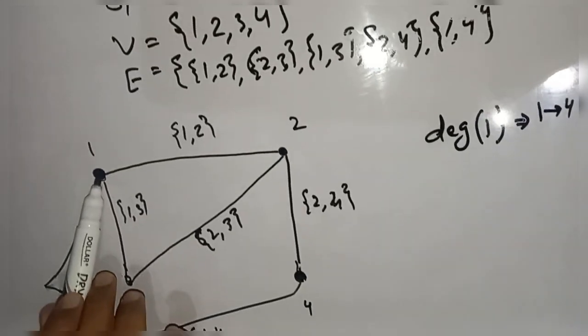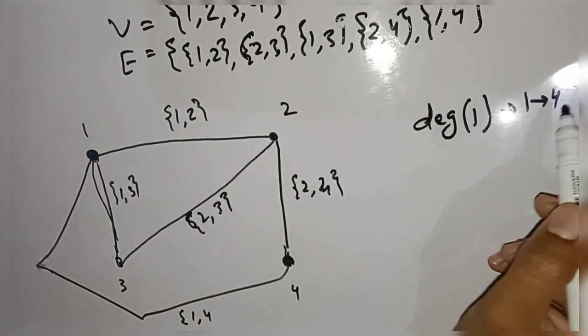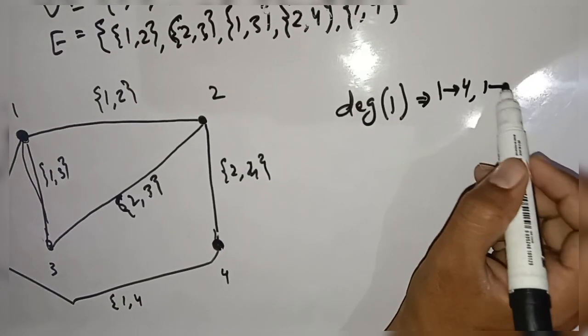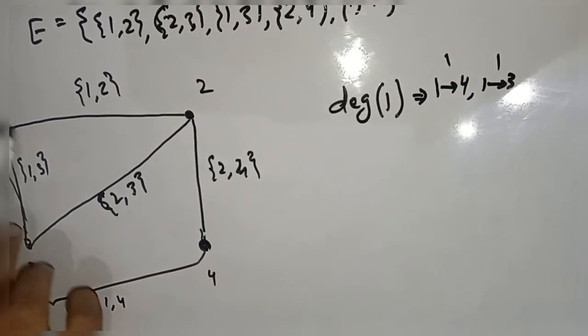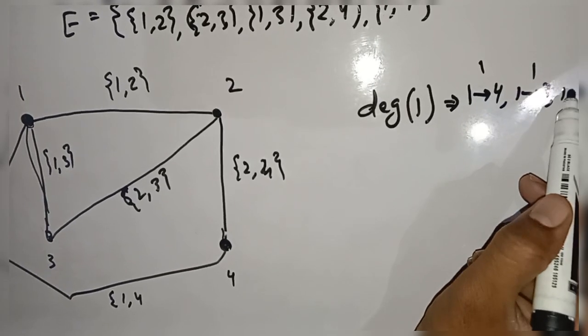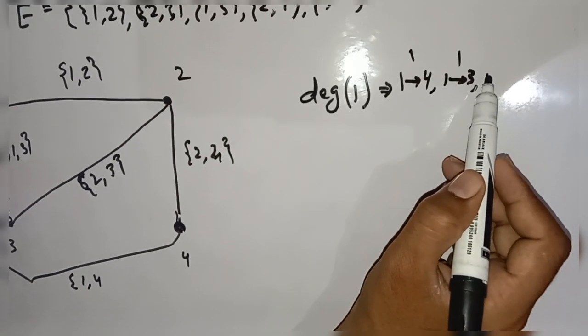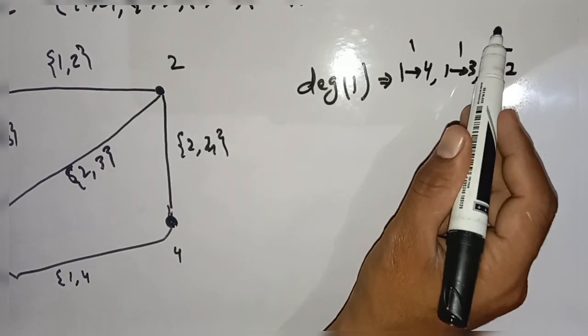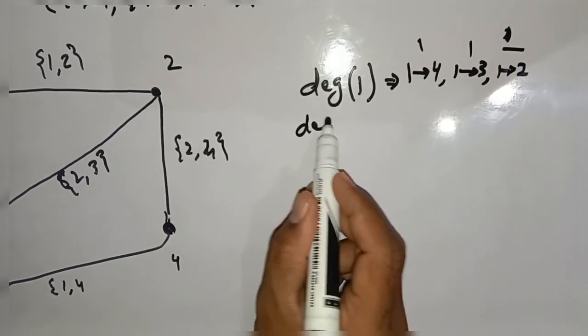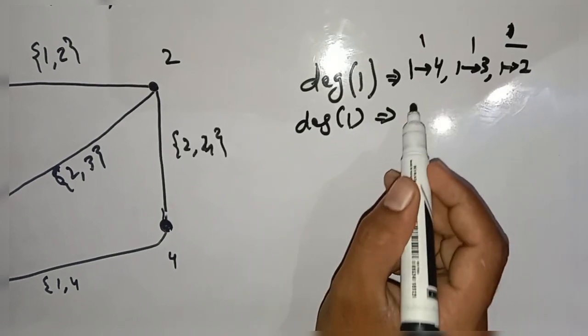Then 1 is connected to 3, degree 2, and 1 is connected to 2, another degree. So the total degree of node 1 is 3.